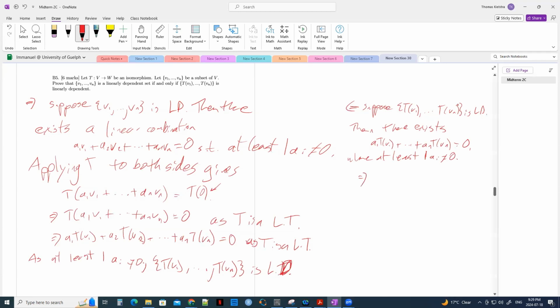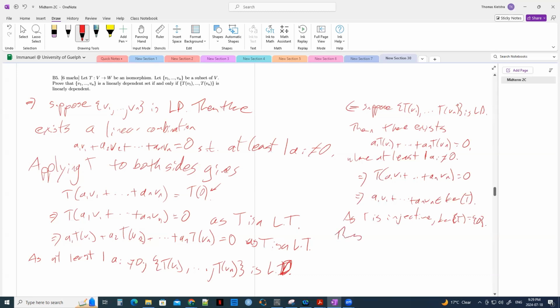Well, this implies that T(a1v1 + ... + anvn) equals 0, which implies that a1v1 + ... + anvn is in the kernel of T. As T is injective, the kernel of T equals the set containing 0.